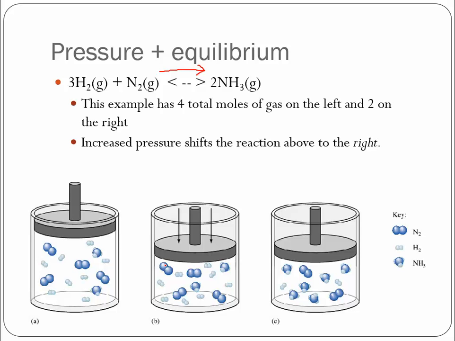Notice here, for instance, there's 1, 2, 3, 4, 5, 6, 7, 8, 9, 10, 11, 12, 13, 14 total moles of gas. Some of these nitrogens and hydrogens can combine, can shift this way, and now there's 1, 2, 3, 4, 5, 6, 7, 8, 9, 10 total moles of gas. So I tried to increase the pressure by pushing down on the piston. The system shifted to make fewer moles of gas and actually reduced some of that pressure.